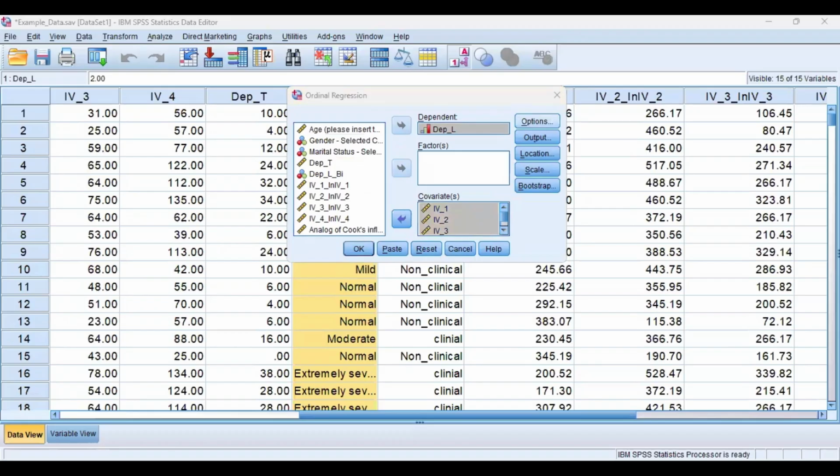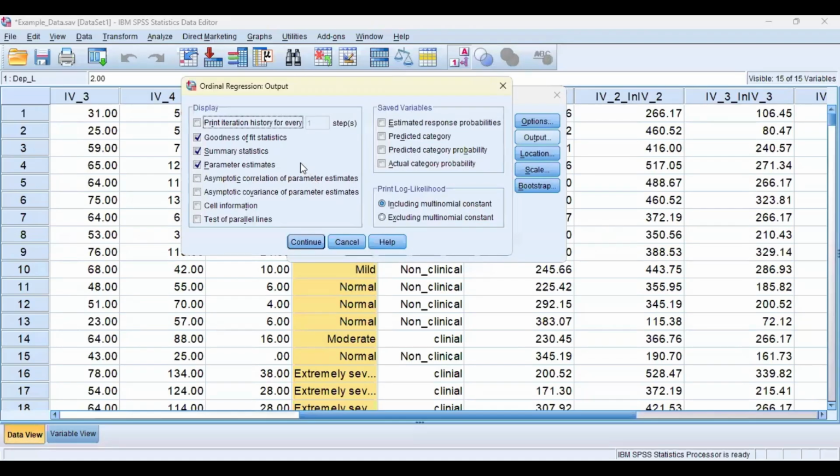In options, there is nothing that you need, but in output, there are some parts that you need to tick. So just make sure that they are already ticked, like goodness of fit, summary statistics, parameter estimates. Usually they are ticked by default.